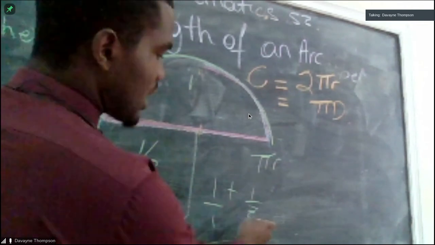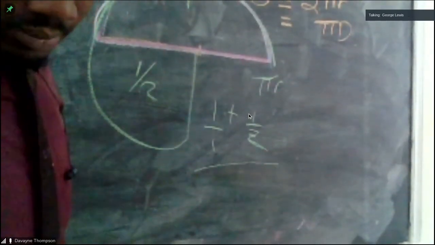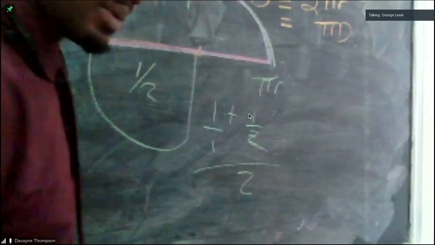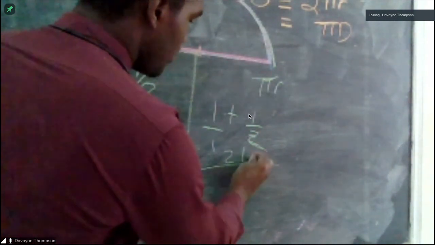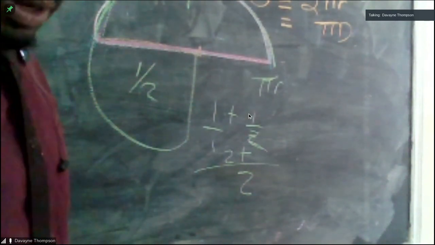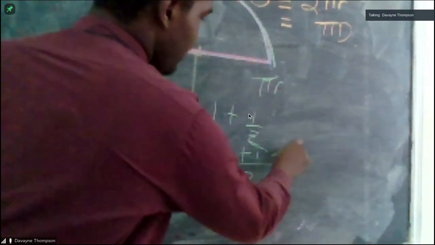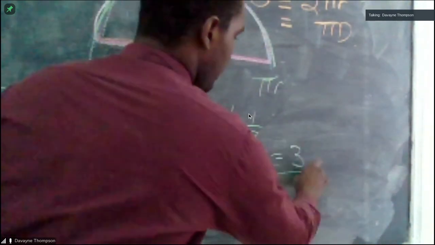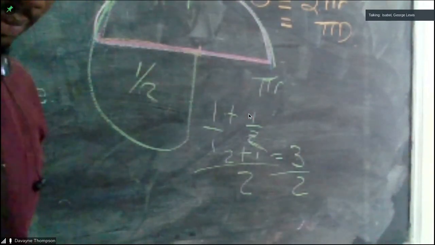What's the lowest common multiple of 2 and 1? 1 itself, 1 into 2 goes 2 times. 2 times 1 gives you 2, plus 2 into 1 goes 1 time. 1 times 1 gives you 1. So therefore your answer is 3, because 2 plus 1 gives you 3, over 2.